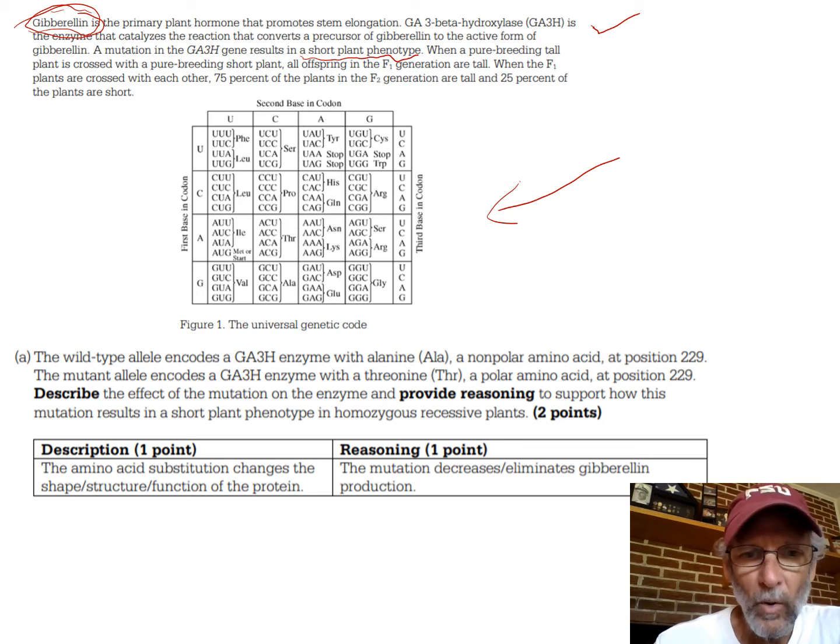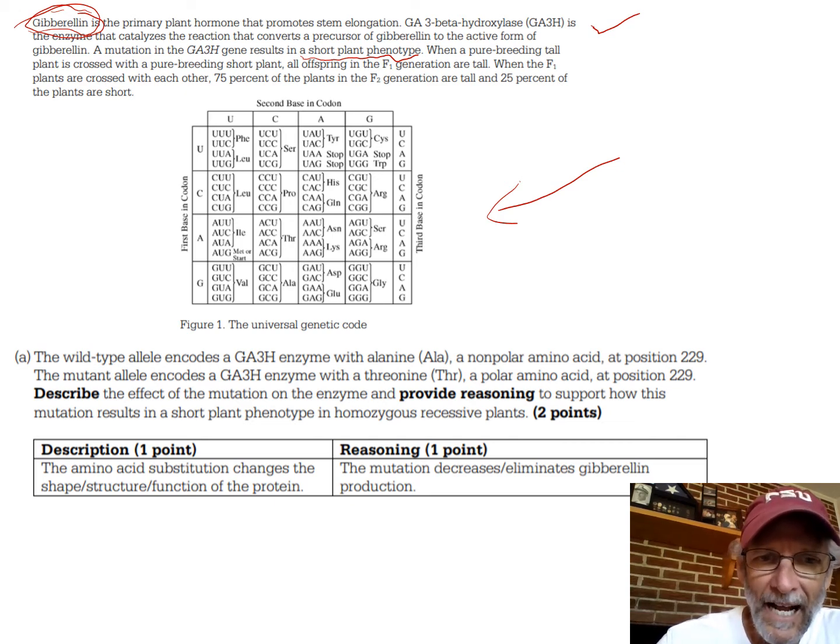Okay? So, first, this question is about the enzyme. They're going to tell you specifically that the wild type allele, and wild type again means this is the normal one. In other words, this one works. It has alanine, nonpolar, at position 229, but the mutated one codes for a threonine in that same position, and it's polar, not nonpolar.